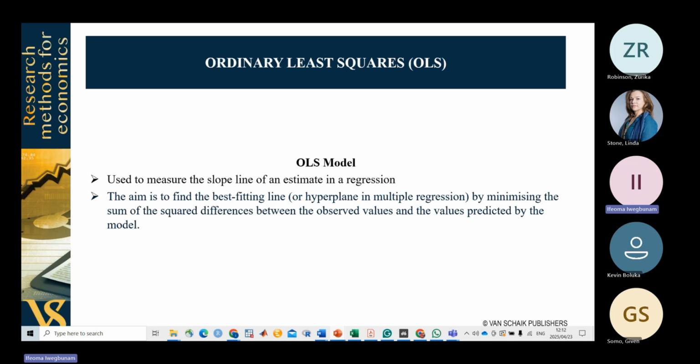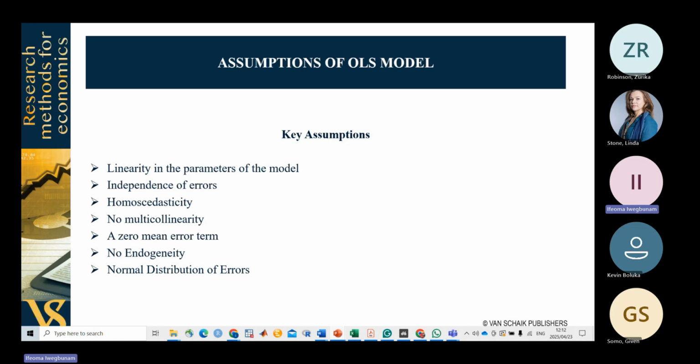The aim is to find the best fitting line in a regression. It could be linear regression here. It can also be multiple regression, which I'm going to explain later.